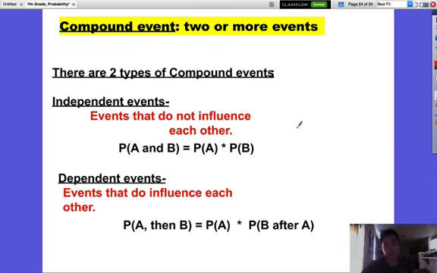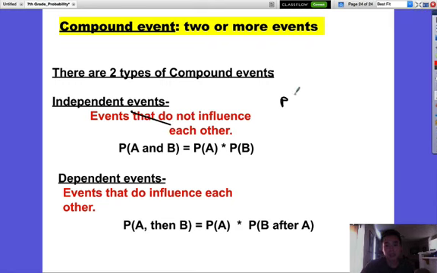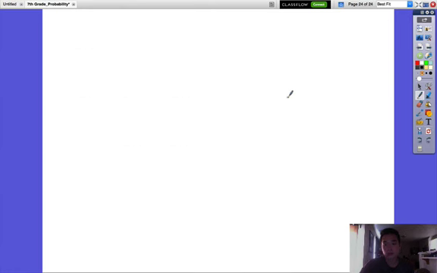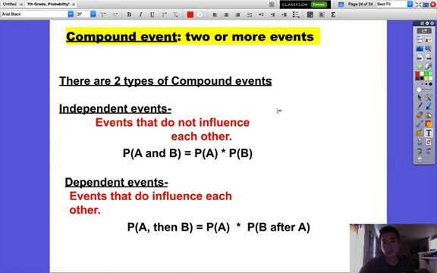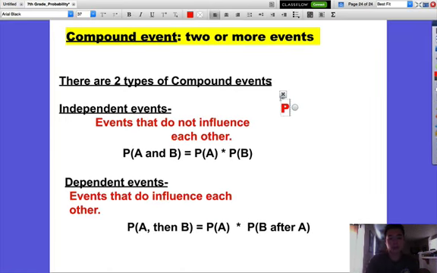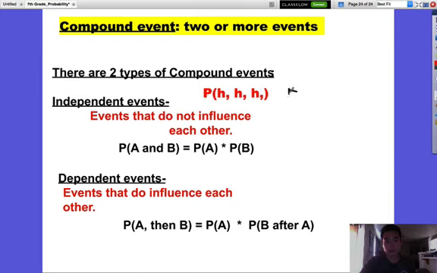What I mean by that is, if I need to figure out the probability of heads, heads, heads, that's going to be 1/2 times 1/2 times 1/2, which would then be 1/8.